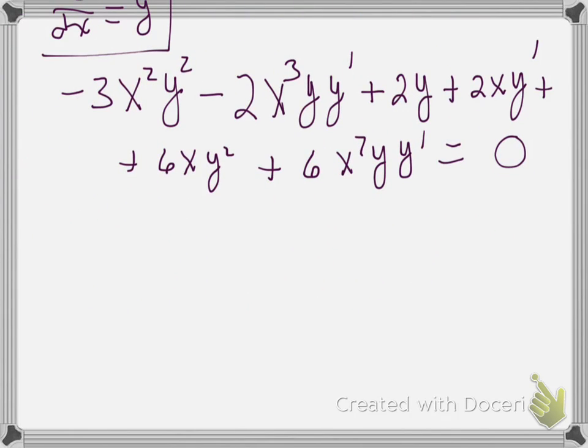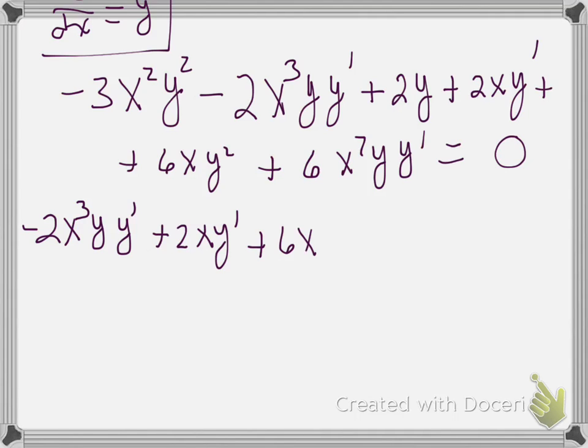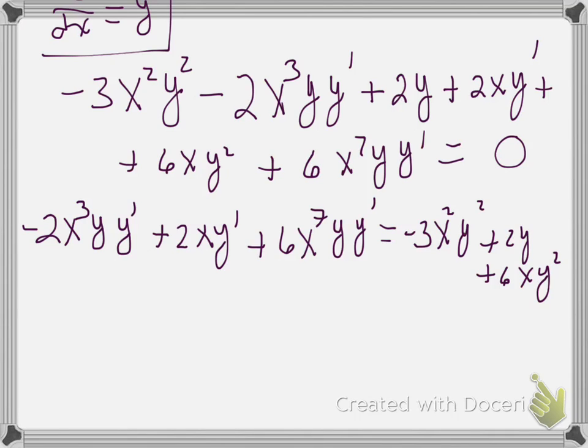And let's see if we can move some of this up. So, negative 2x cubed y prime plus 2x y prime plus 6x squared y prime equals negative 3x squared y squared plus 2y plus 6x y squared. Now, I've got a y prime here, and here, and here.